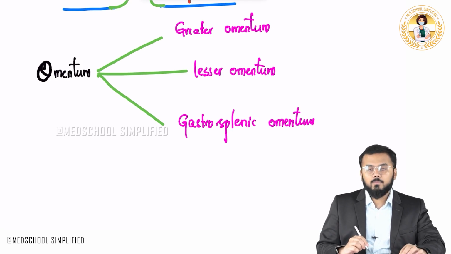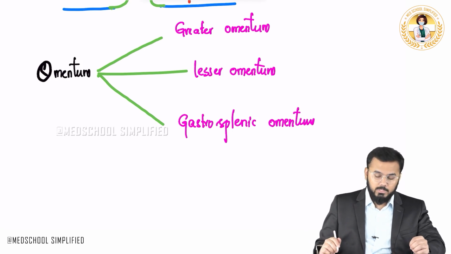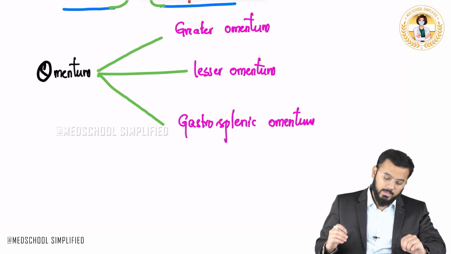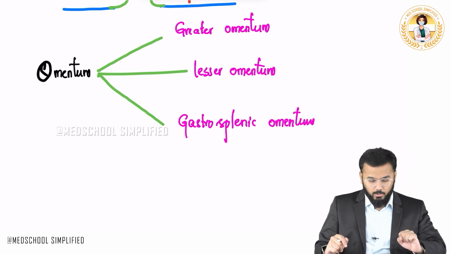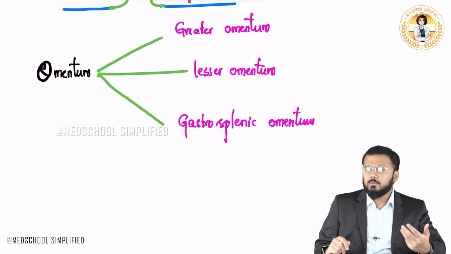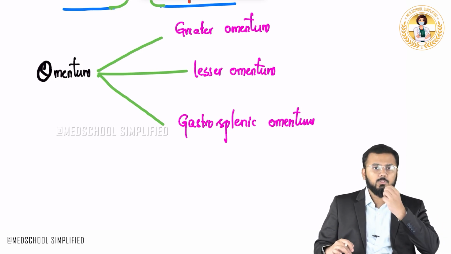So we have three different types of omentums. Now what is the greater omentum, what is the lesser omentum, and what is the gastrosplenic omentum?